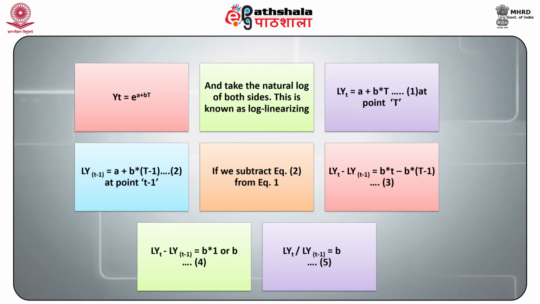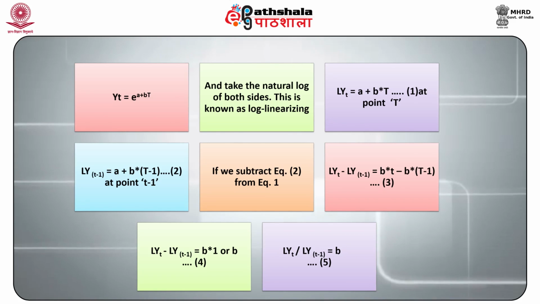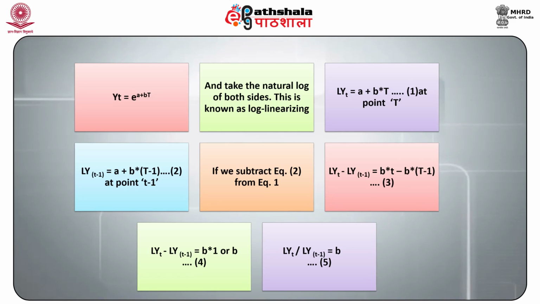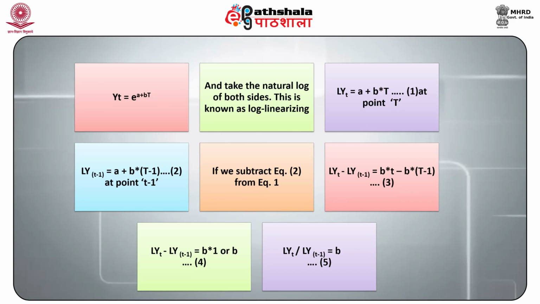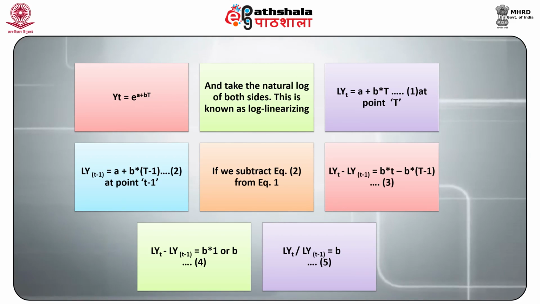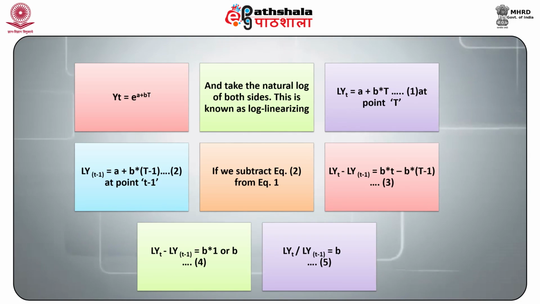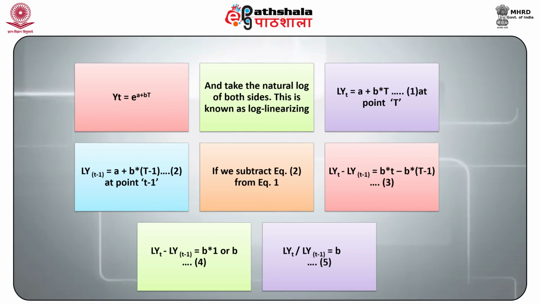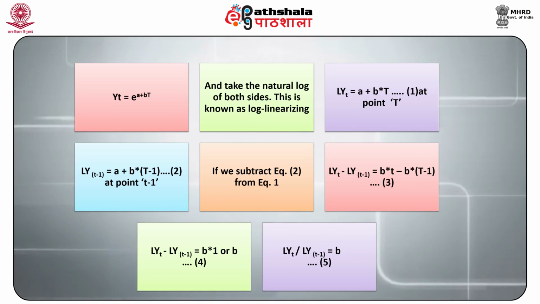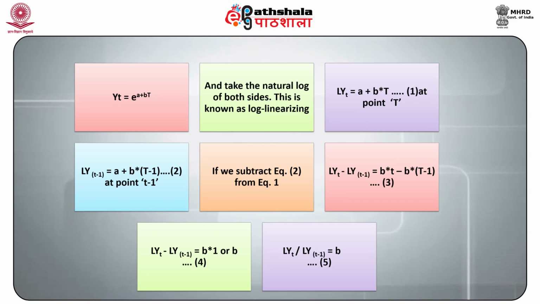Now L yt-1, where t-1 is a subscript, is equal to a + b*(T-1). Here T-1 refers to the variable time at point t-1. So subtract equation 2, which is the value of yt-1, from the value of yt, then you could notice that L yt - L yt-1 is equal to bT - b(T-1), which is the same thing as b.